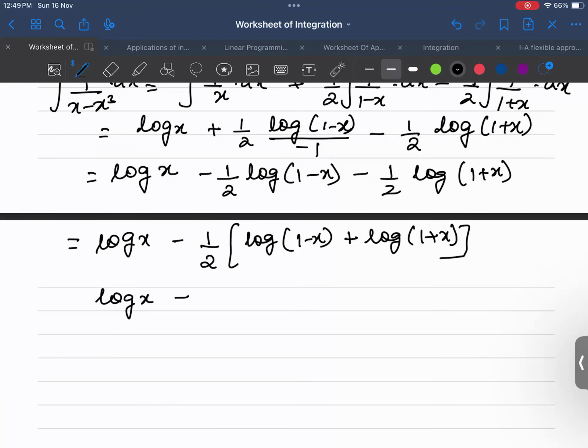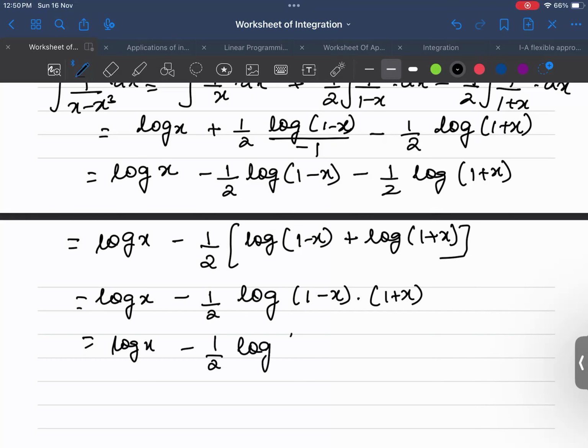I can write it like this also: log x minus half log, and when the logs are in a plus sign, the formula says 1 minus x multiplied by 1 plus x, right? So 1 minus x multiplied by 1 plus x becomes log x minus half log 1 minus x square.